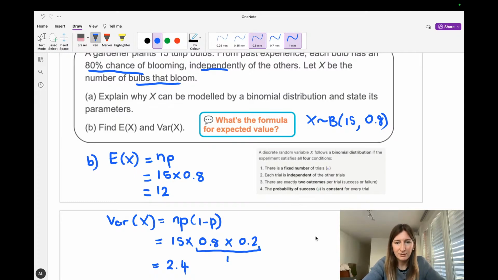All right, if you get them, expected value and variance are quite nice questions that are some easy marks. Even though this formula is so simple, make sure that you show that calculation. Don't immediately just go and write 12. You should show this calculation. So many of these questions will be done on the calculator, so it's really important to write out as much as you can. Really show all of your method steps, especially for any questions that involve substituting into a formula.